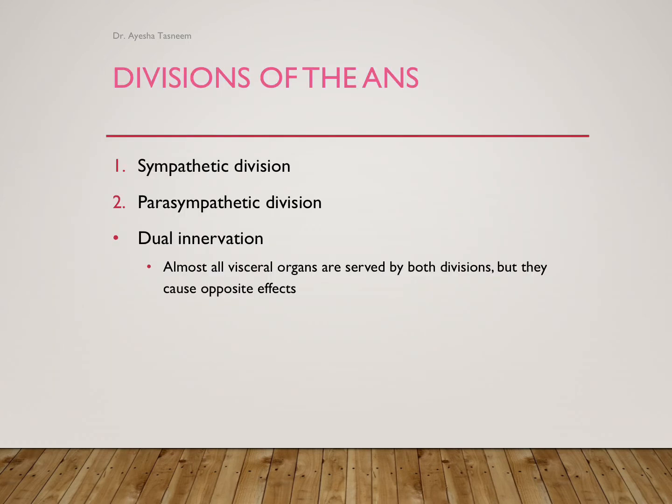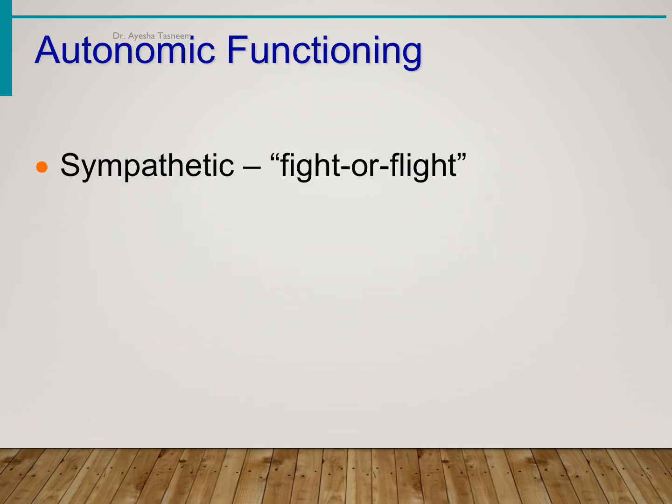Then we come to the division of the autonomic nervous system that includes sympathetic and parasympathetic, and many organs of the body have both innervations. How does autonomic functioning take place?